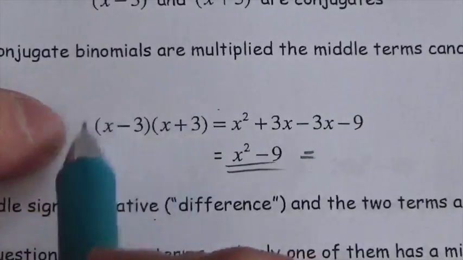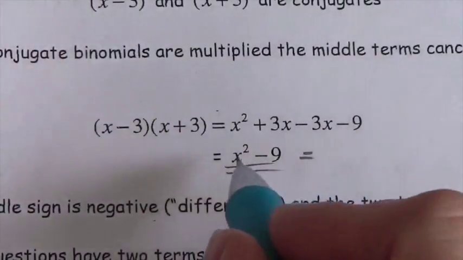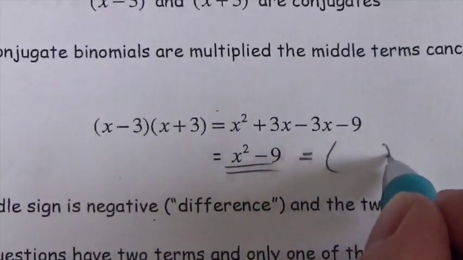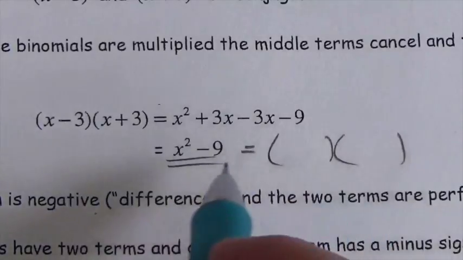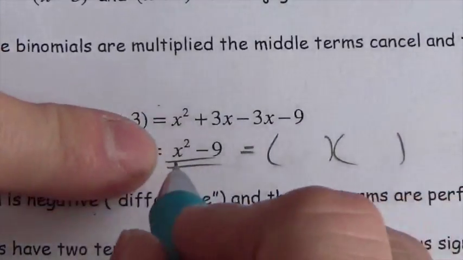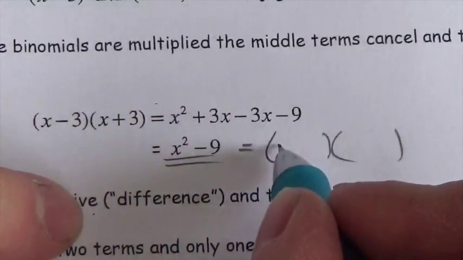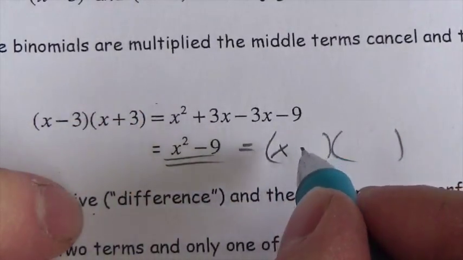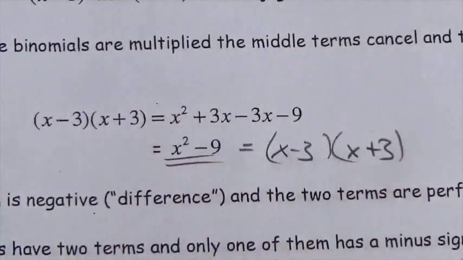When I multiplied those two conjugates together, I got x squared minus 9, which means if I start with x squared minus 9 and want to factor it, I'm going to factor it into a pair of binomials. I recognize what that's going to be because I've got a perfect square minus a perfect square. So my result will be x minus 3 multiplied by x plus 3.